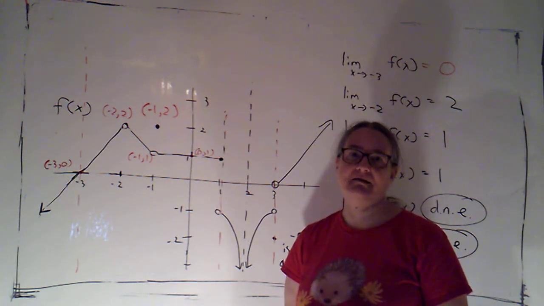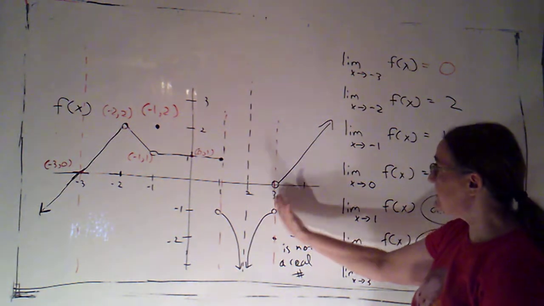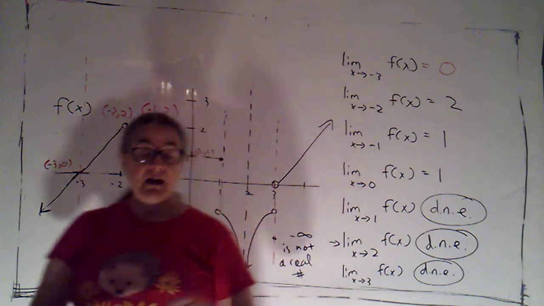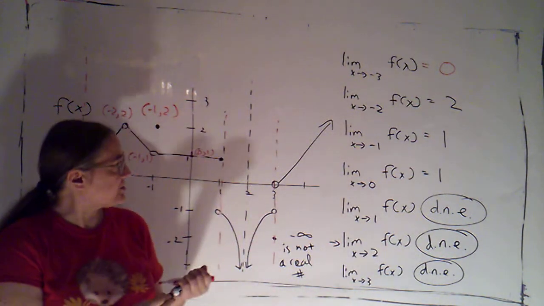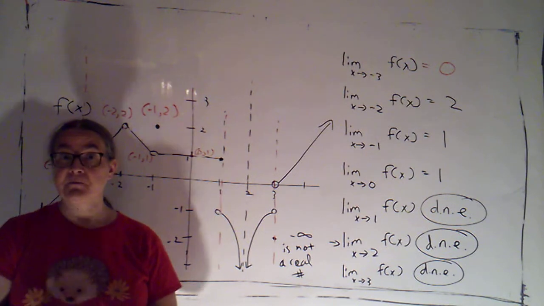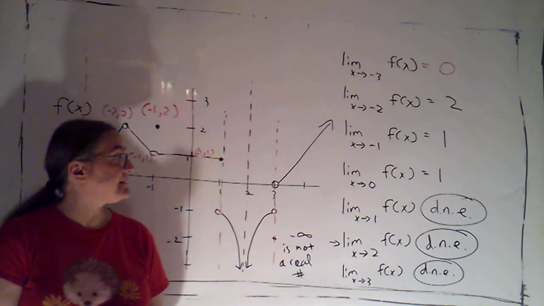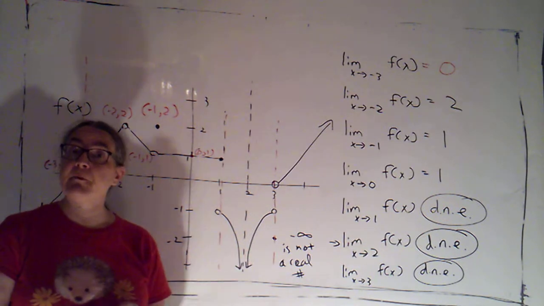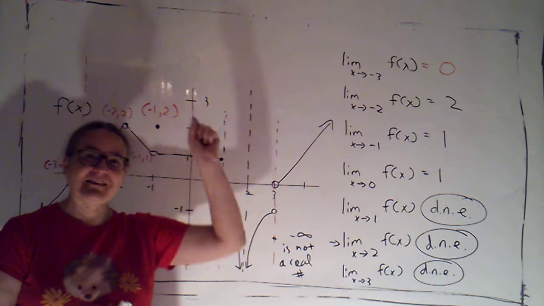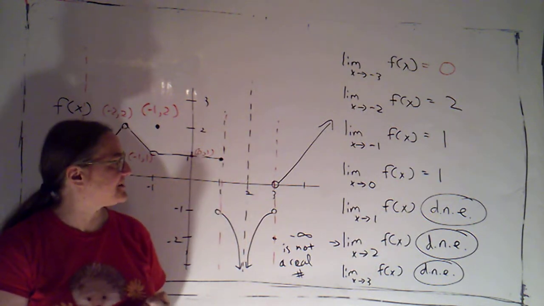the limit will not exist. Now, what's interesting is at this place, and at this place, and at this place where the limit doesn't exist, we can still describe the behavior of the function. So this is a little bit different from the limit not existing in the example that we just did, where we had this erratic behavior and these wild oscillations going on as we got closer and closer to zero.